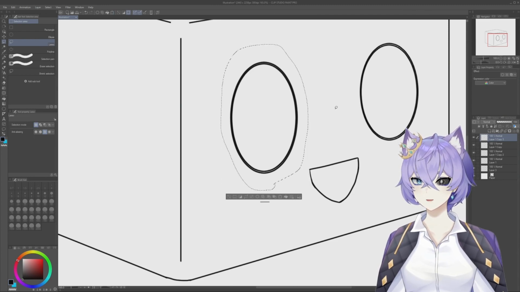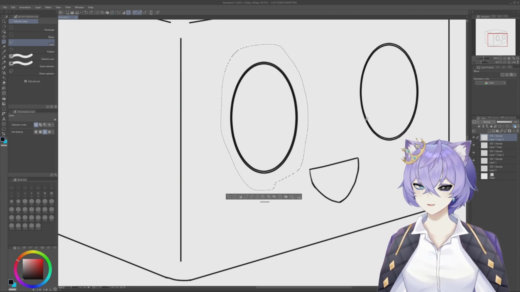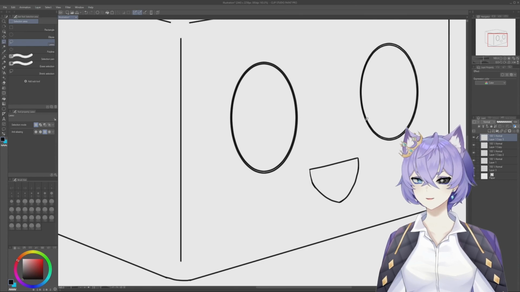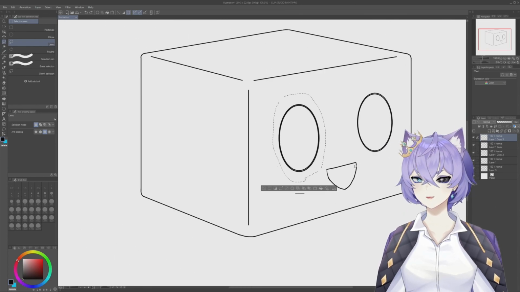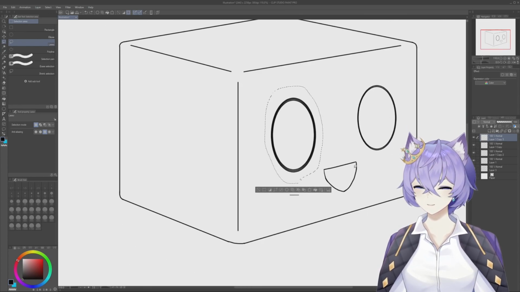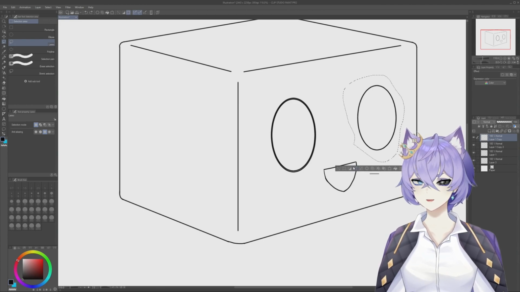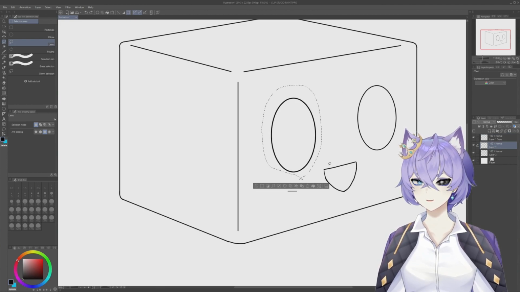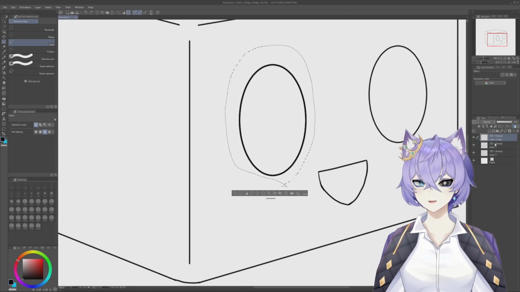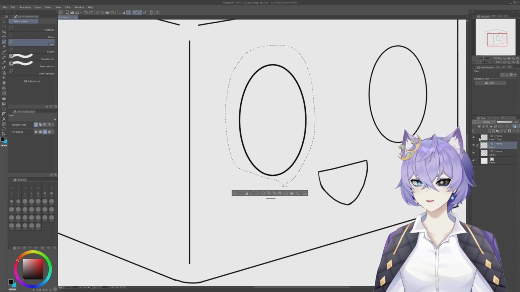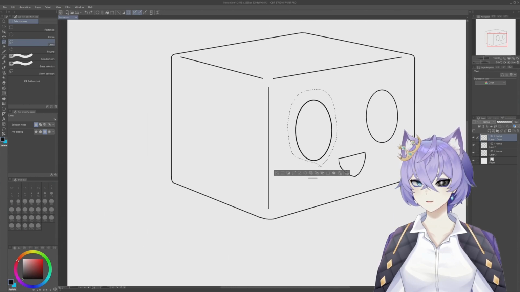Ooh, I just had a really, really cool idea. Wait. Wait. Wait. Go back, go back, go back. I just had a really cool idea. Okay. I'm gonna take these eyes and I'm basically just going to duplicate them.